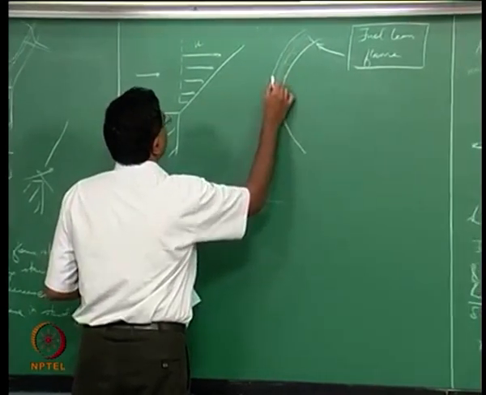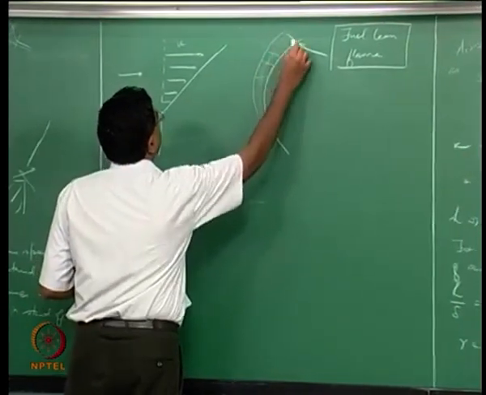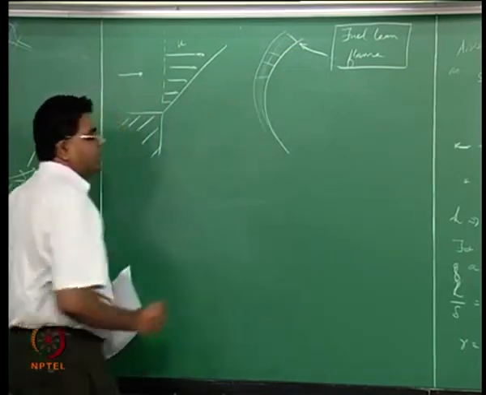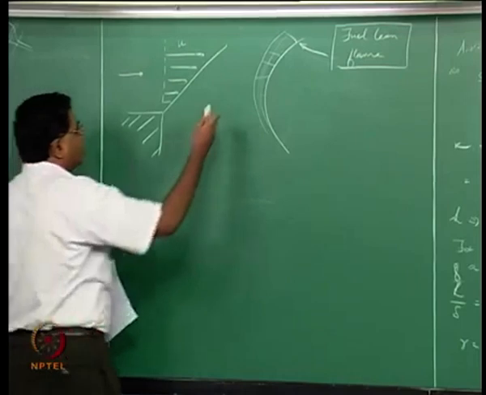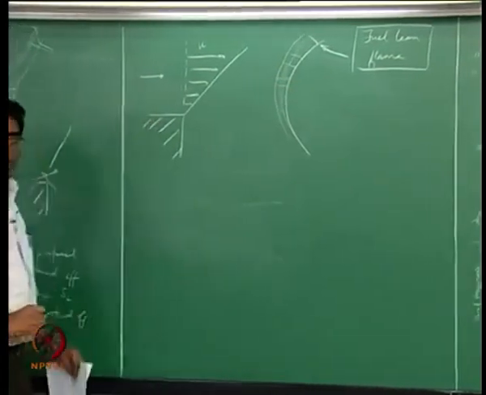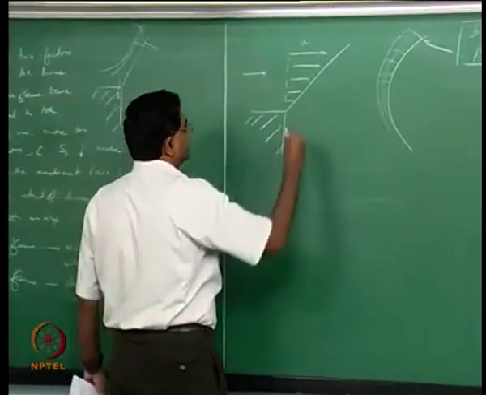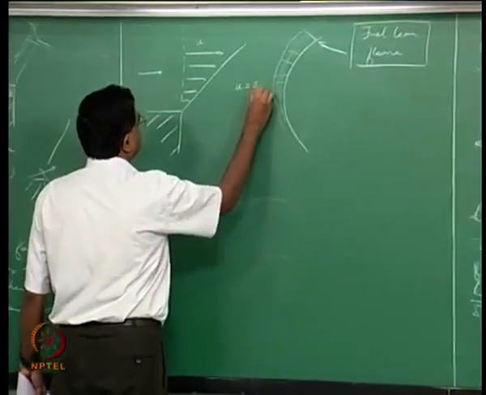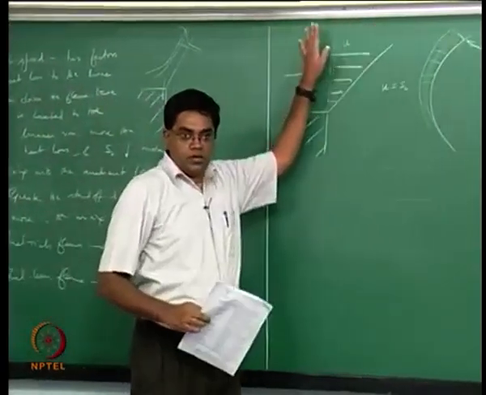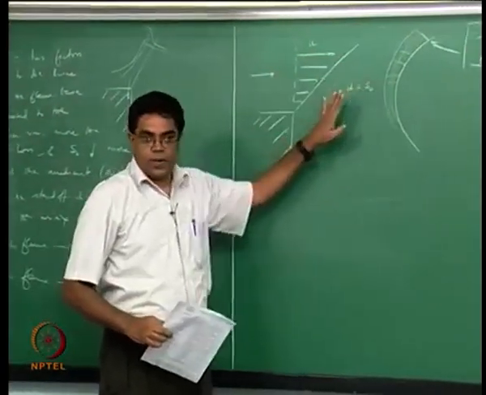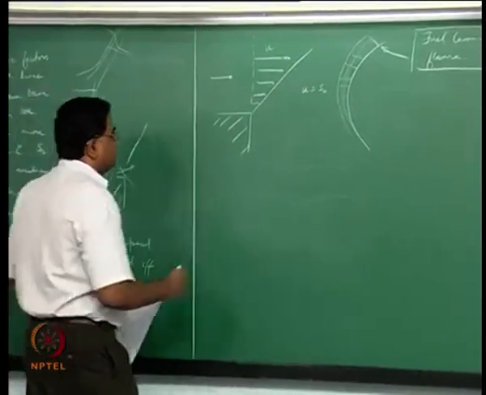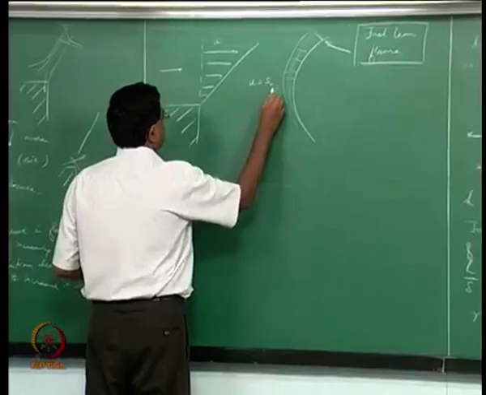So there is a condition when the local velocity and the local flame speed match exactly, where you have this curvature facing the flow. So this is where you now have U equals SL. I am not saying U bar equals SL naught or U naught equals SL naught. I am saying U is equal to SL. So this is the stabilization condition.